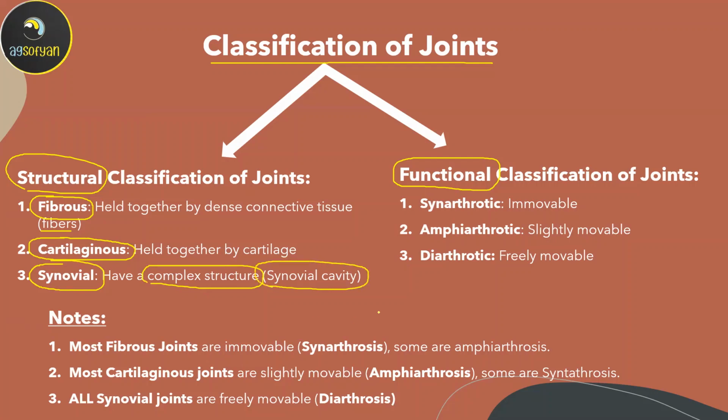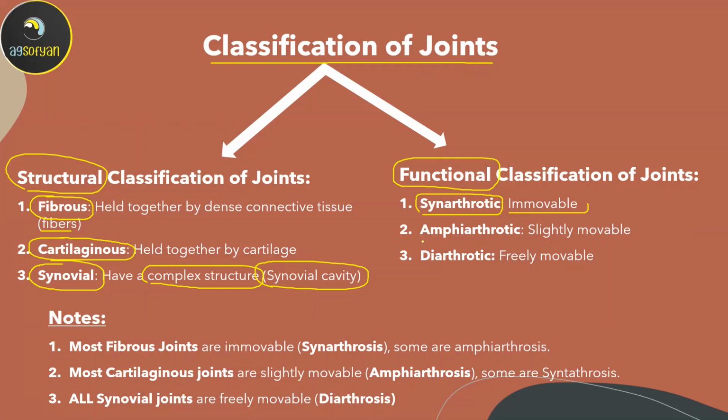Okay. So based on the functions, mostly about movement, there are three types of joints also. The first one is called the synarthrosis, which is a type of joint that is unable to move. So this is an immovable joint.